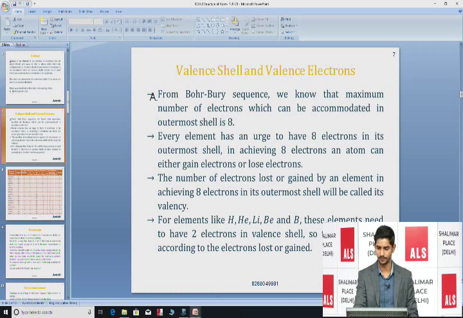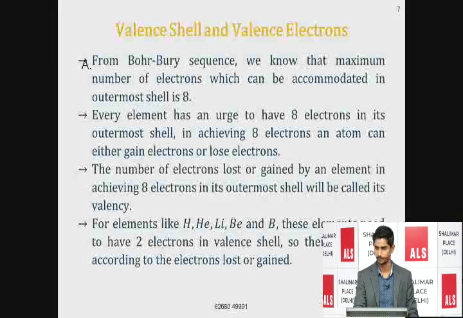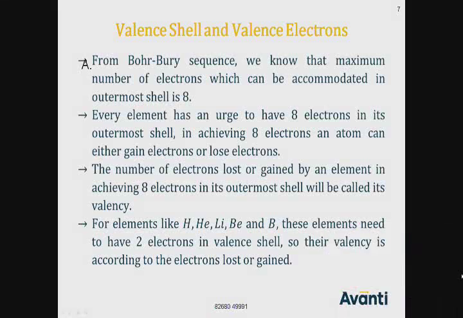Okay, so now you can please copy this one. Please copy. Do not copy the last point. Copy only the first 3 points. Do not copy the last point. Means I'm reading the last point. For the elements like hydrogen, helium, lithium, beryllium, boron, these elements need to have the 2 electrons in the valence shell. Therefore, their valency is according to their electrons lost or gained. Do not copy this point. Other than this, the first 3 points you need to copy.